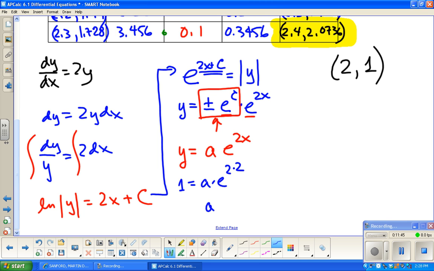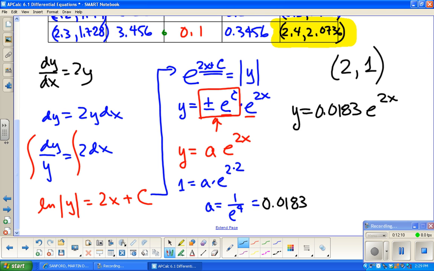So a is going to be equal to 1 over e to the 4th, which is equal to 0.0183 blah blah blah. Okay, so that means that y should be equal to 0.0183, or you could just leave it e to the negative 4 if you want, times e to the 2x.